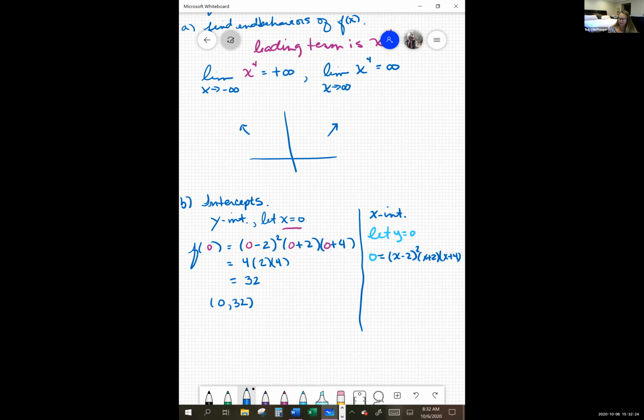This is already nice for us. x equals 2, from x minus 2, and it touches here because it's an even multiplicity. We have x equals negative 2, and this is going to cross. And we have x equals negative 4, and that's going to cross.